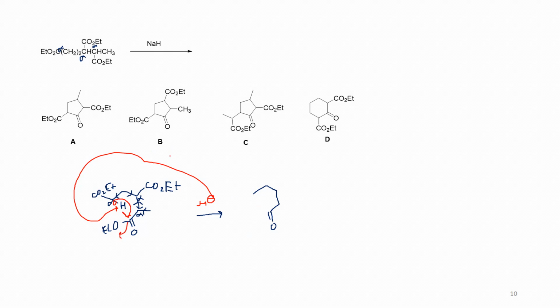So what will be our desired product? So our desired product will be this one. See, there is CH3 CO2, and after forming this bond, there will be another CO2 group here. Okay, so the correct option will be option B. I hope it's clear.